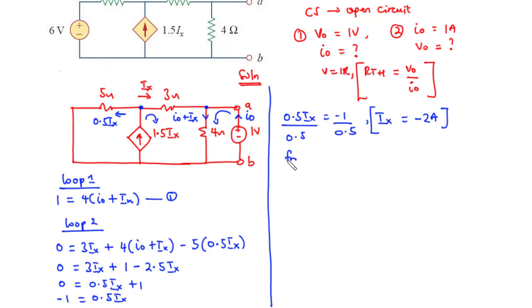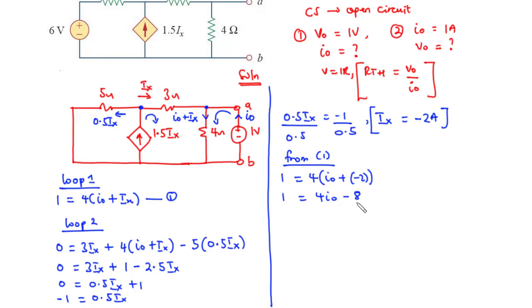So from equation 1, we have 1 equals 4 into bracket I0 plus Ix, which is negative 2. So this becomes 1 equals 4 I0, and then 4 times negative 2 is negative 8.